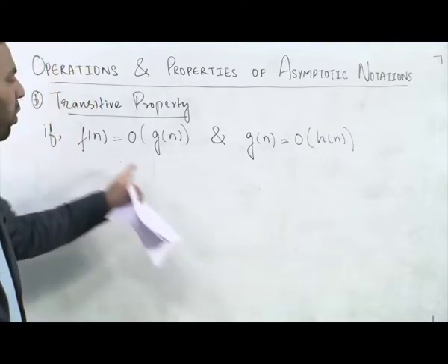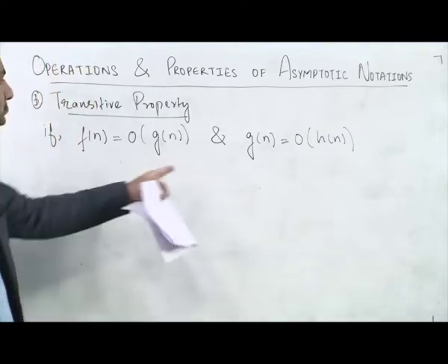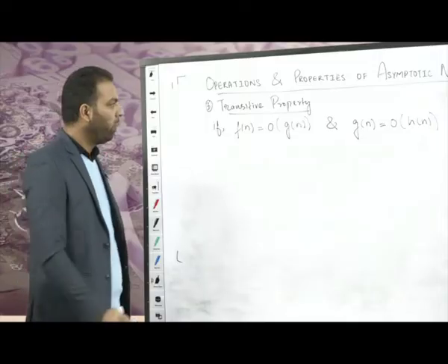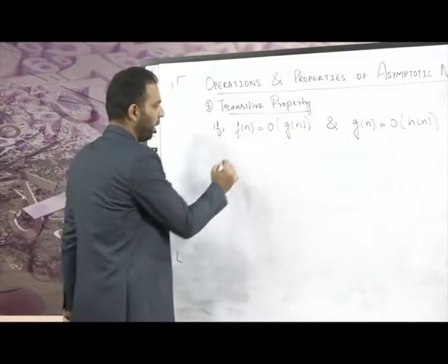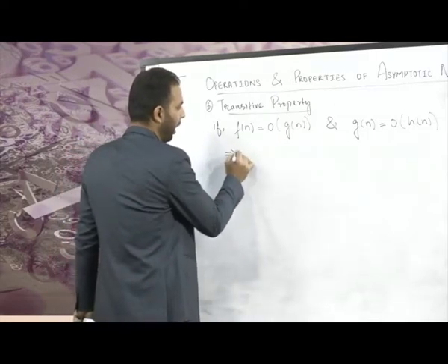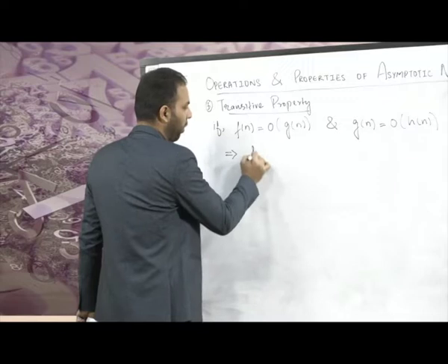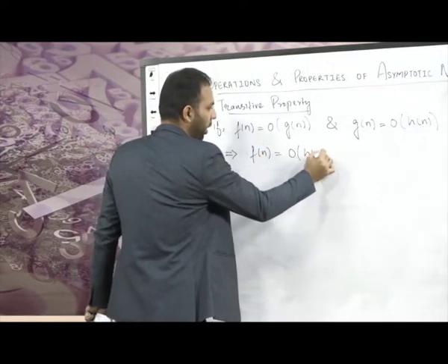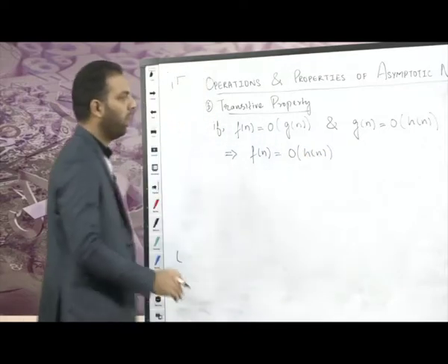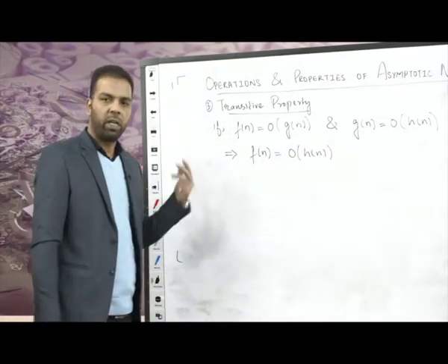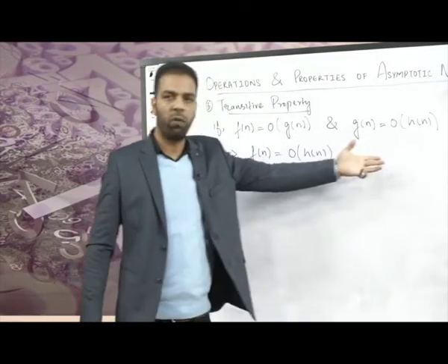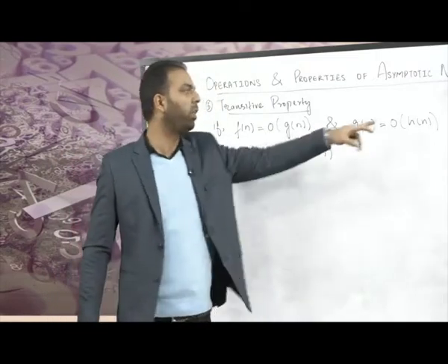Your f of n is order of g of n, and your g of n is order of h of n. So what we can say from this is that f of n is order of h of n. So we have applied transitivity here. Means if f of n is order of g of n and g of n is itself order of h of n, we have replaced this g of n with h of n.